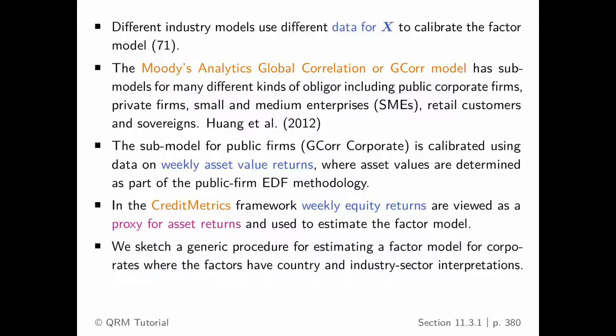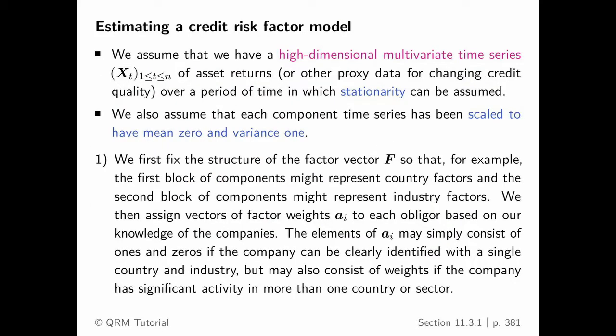If you believe in Merton, what you really want are asset values or changes in asset values, but as a proxy, we take weekly equity returns. I'll just go quickly through a generic procedure for estimating the factor model. I don't have country factors because I'm just going to take the American data, but I have industry factors.